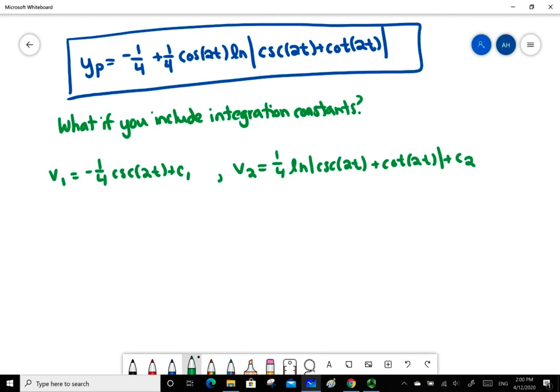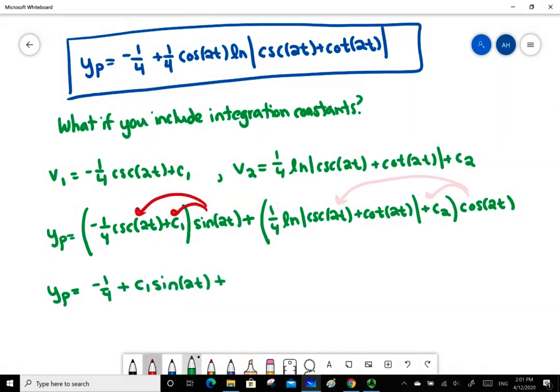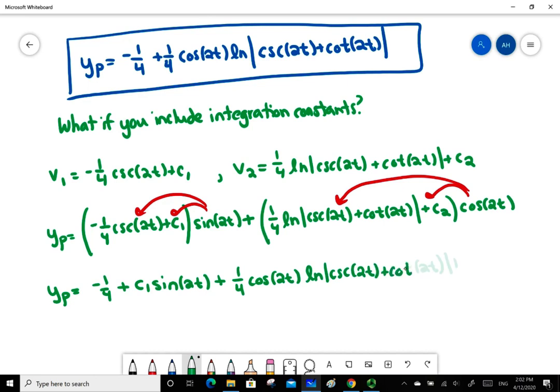So when we substituted to find yp, we would have gotten (-1/4 csc(2t) + c1) sin(2t) + (1/4 ln|csc(2t) + cot(2t)| + c2) cos(2t), which we would then rewrite as yp = -1/4 + c1 sin(2t) + 1/4 cos(2t) ln|csc(2t) + cot(2t)| + c2 cos(2t).